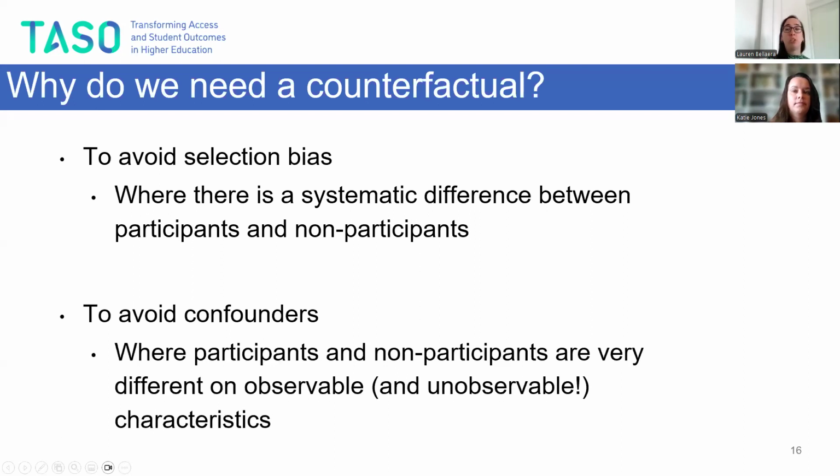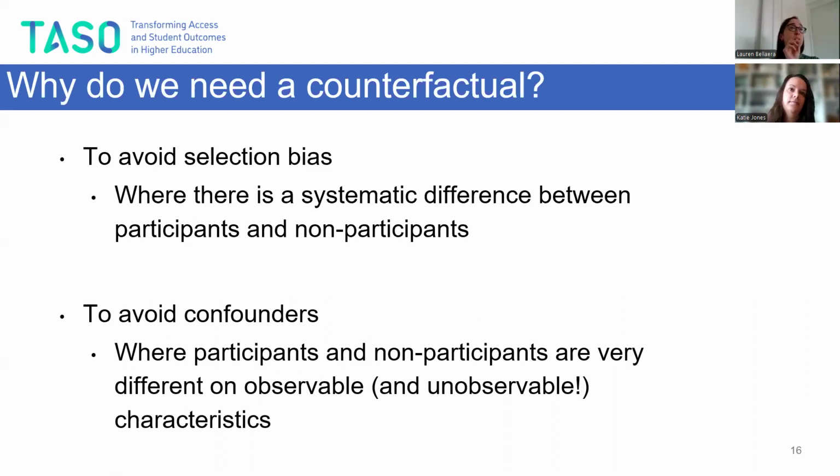What we are trying to achieve is making sure that the participants who take part in your intervention or activity, and your non-participants, the people who are not taking part and who are creating your counterfactual, are similar.